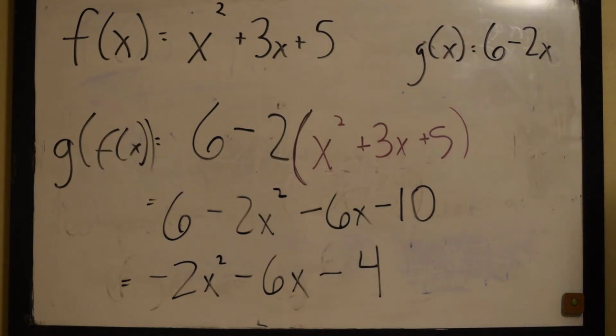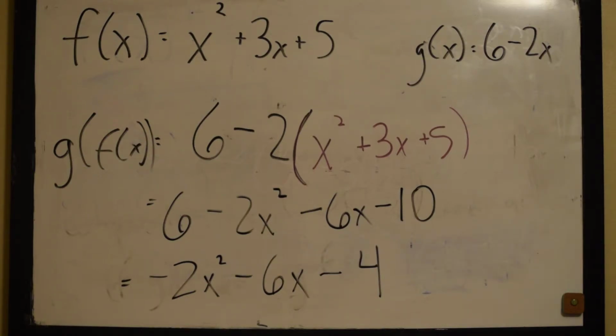So our final answer would be negative 2x squared minus 6x minus 4 in that particular case. Okay? And we can see it right here just to review.